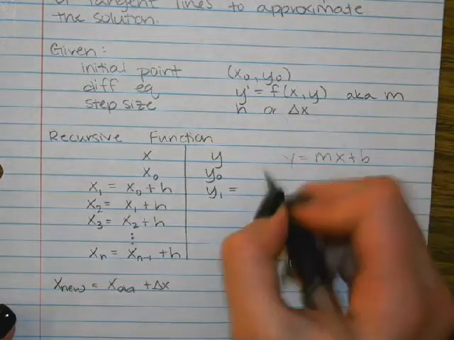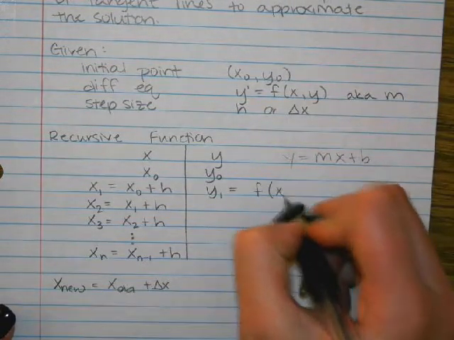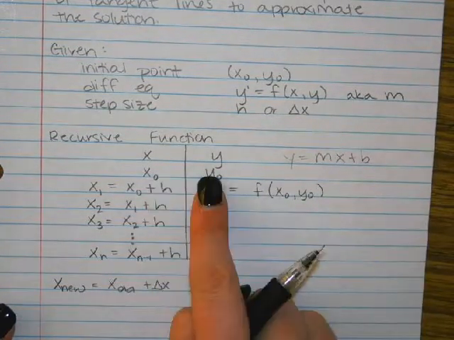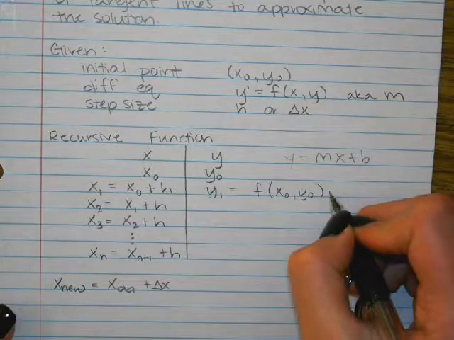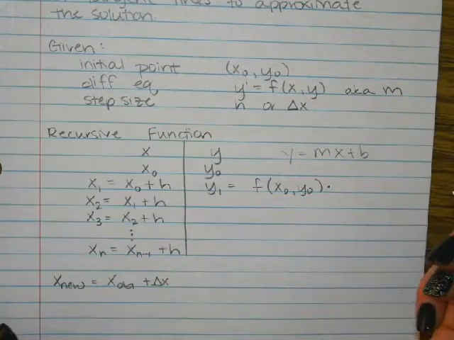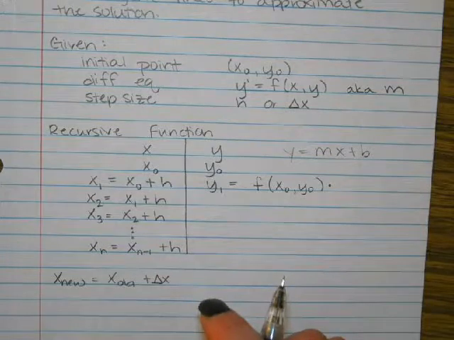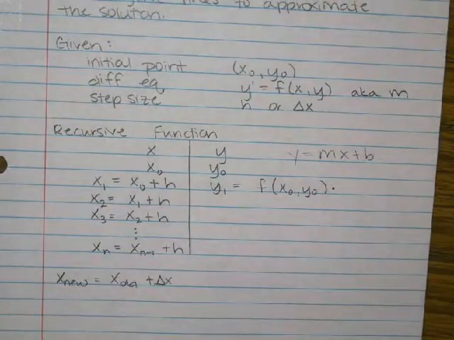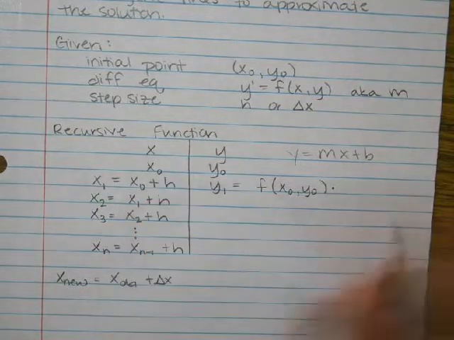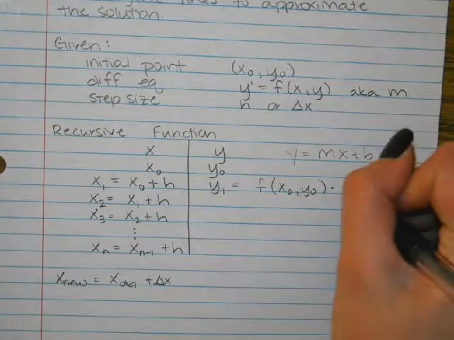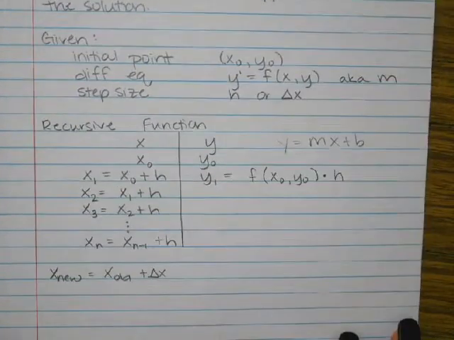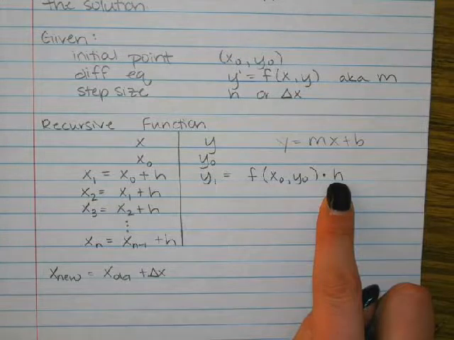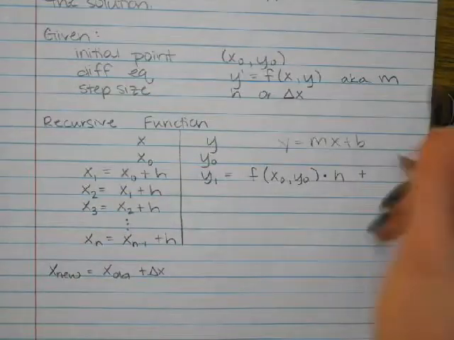Okay, so what we're going to do is we're going to say if I take the function and plug in the point that I have from up here, so that's me plugging in the point, then I'm going to multiply it by my x-coordinate. And my x-coordinate is going to be that width. We're going to use that width of x, so we're going to say that this is going to be multiplied by h. So the slope multiplied by that width plus the initial value, which was y0.